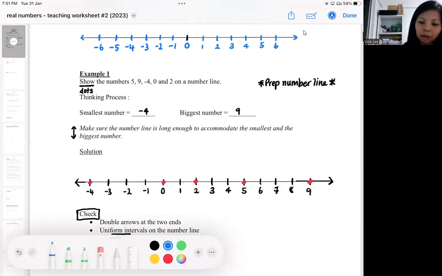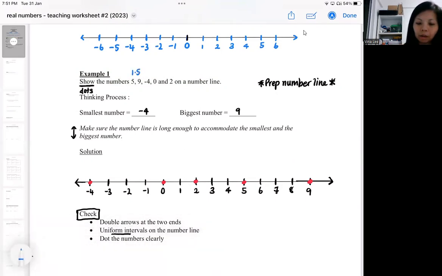So if I need to dot, let's say, 1.5, it's somewhere here. So I can show it this way. Maybe I will need to show something like 3.9. 3.9 should be very close to 4. So you just need to estimate. Okay, so just show that it's very close to 4.